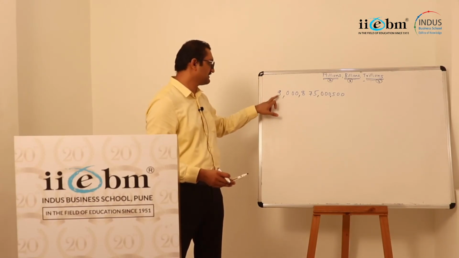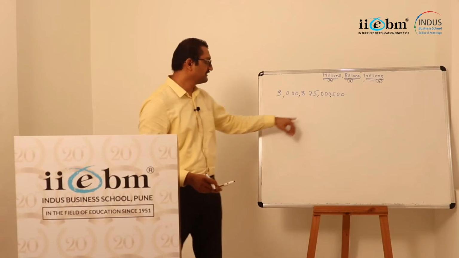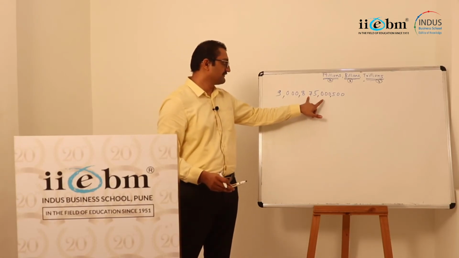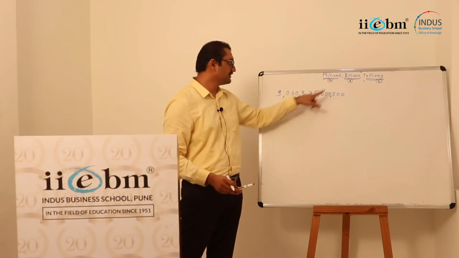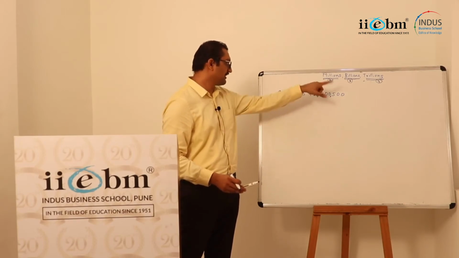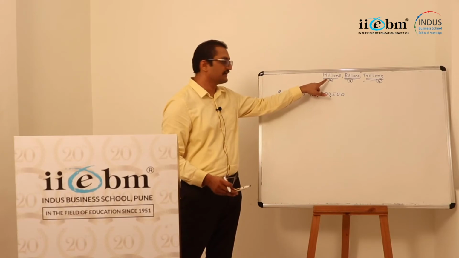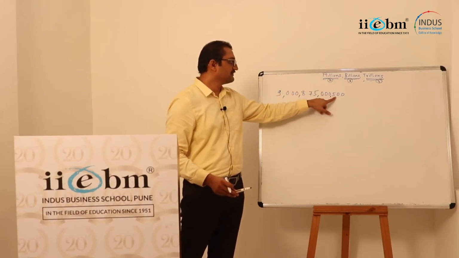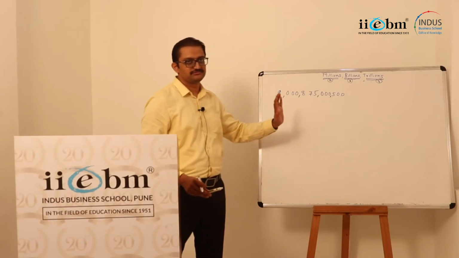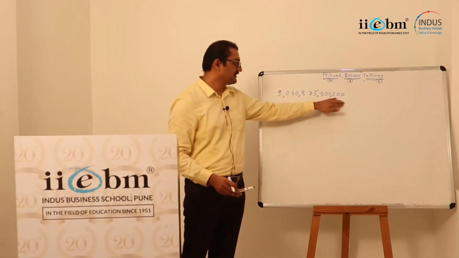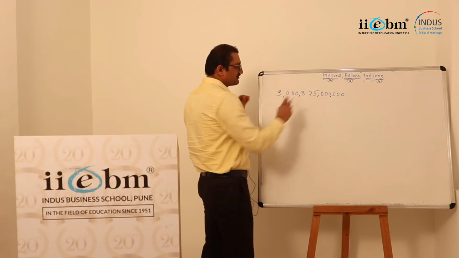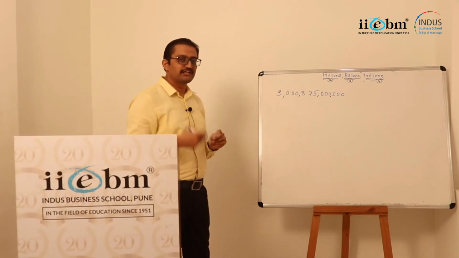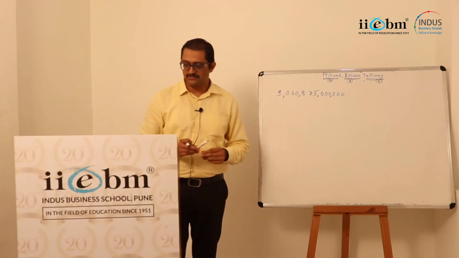So this is 9 trillion and 875. How many periods do we have? 2. So 9 trillion 875 million 500. So this is how we can read this particular number. This number itself suggests how many commas we have, and based on that we can read a particular number.